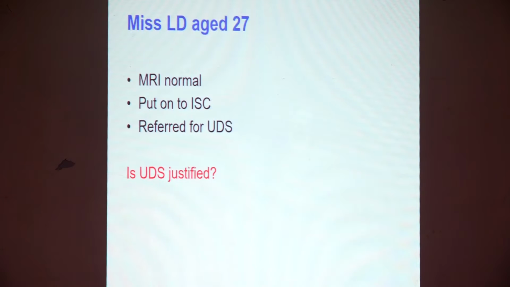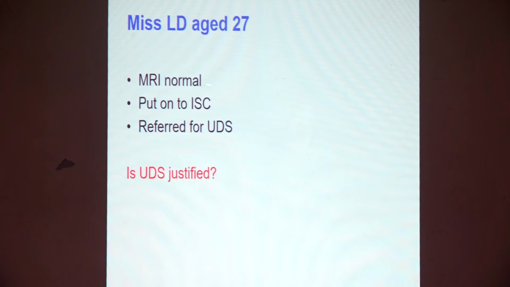So she has lost, or never had, it's a bit difficult to know, proper bladder sensation. So she had an MRI, even though we often do this, and I expect you do too, in young women with no obvious reason. We do an MRI, and they're practically always normal. So we don't get any further, and we end up saying this is idiopathic voiding dysfunction.